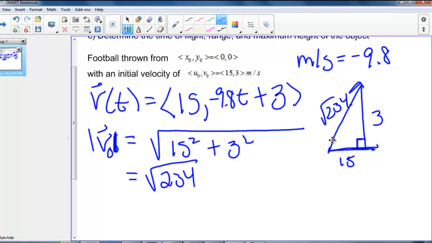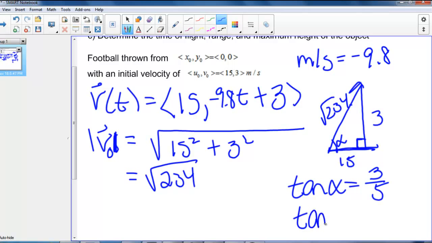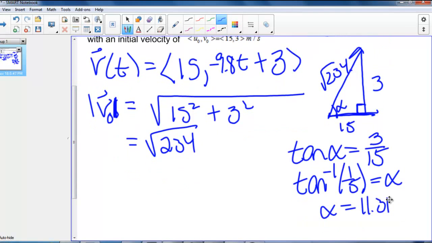So to figure out this angle, we have tangent of alpha equals 3 over 15. So the inverse tangent of 1/5, and that is 11.31. So alpha is 11.31.